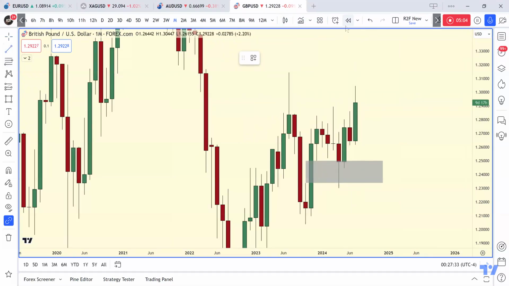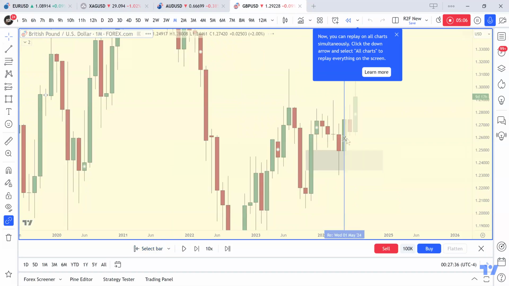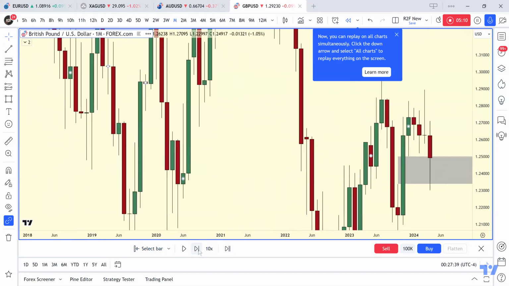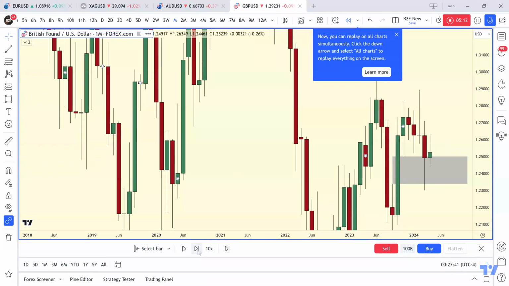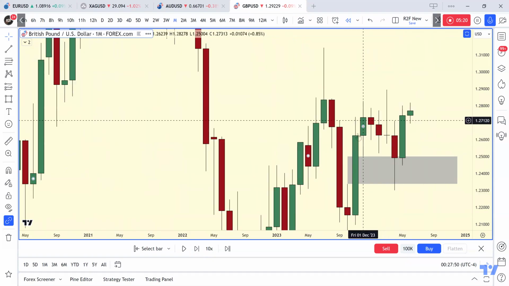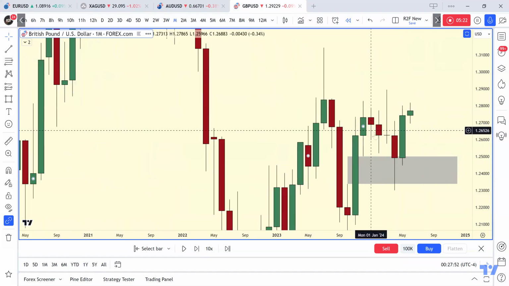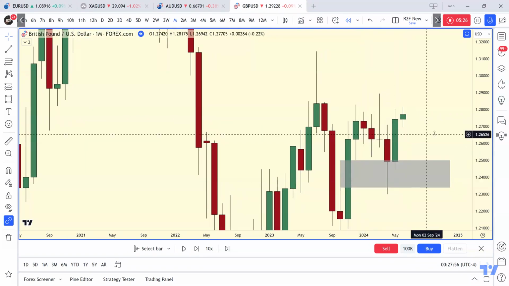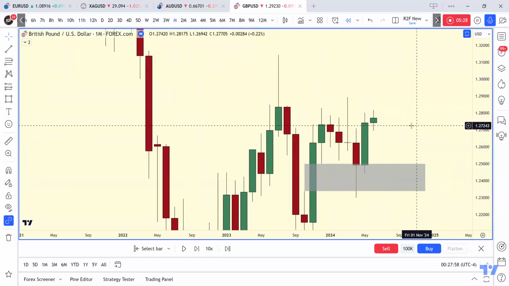Okay, let me use the rewind tool. We get hindsight here, but this is how I would use it. So this can be on any time frame, guys. But for the monthly, let's say we were here. All right. We had this price movement down into this fair value gap. And then now we had an expansion up.